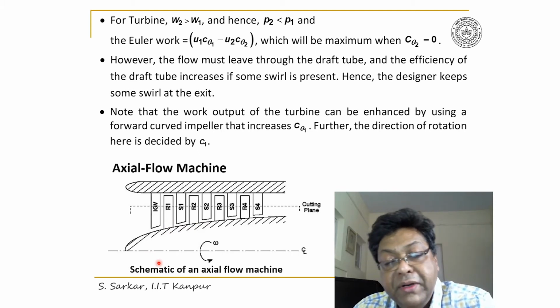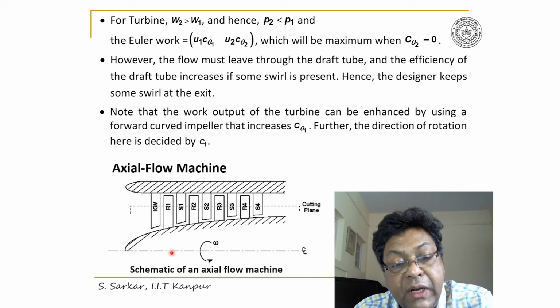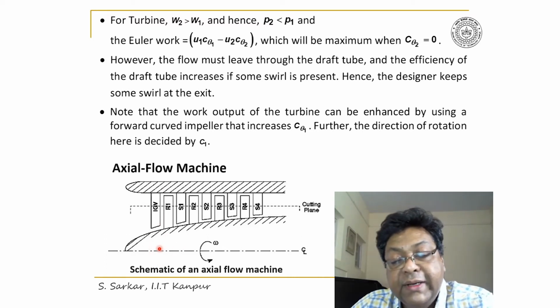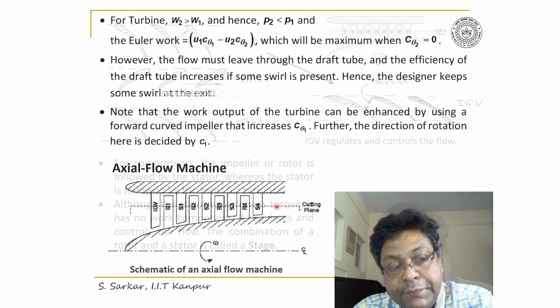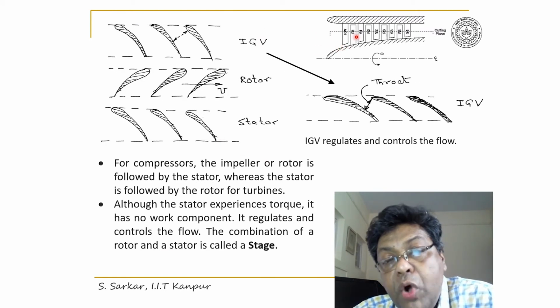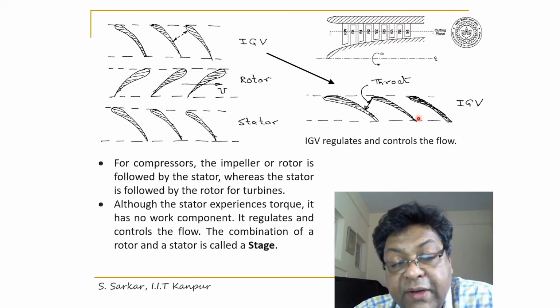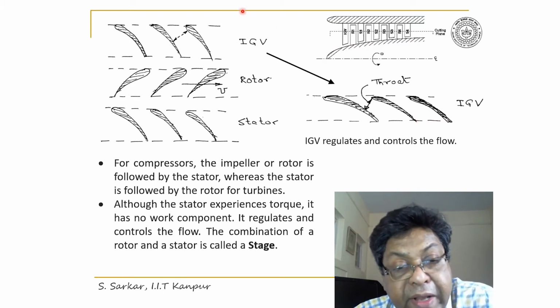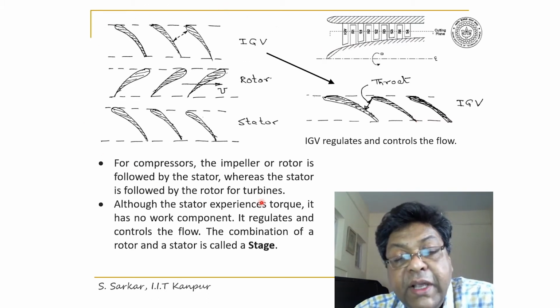The combination of a rotor and stator is called a stage, and particularly the first row is called inlet guide vane. Please follow the pointer. If I take a circumferential section and stretch on a plane of paper, as I have shown here, you will find array of blades.